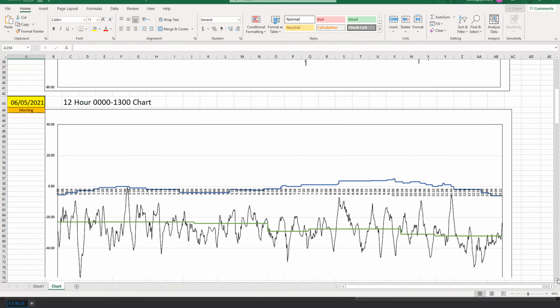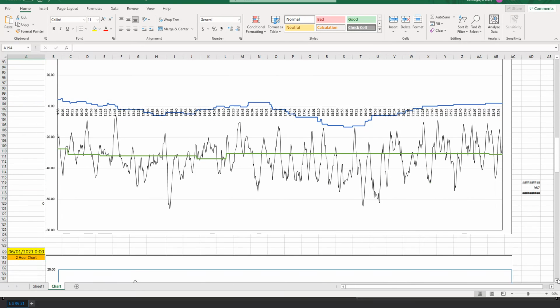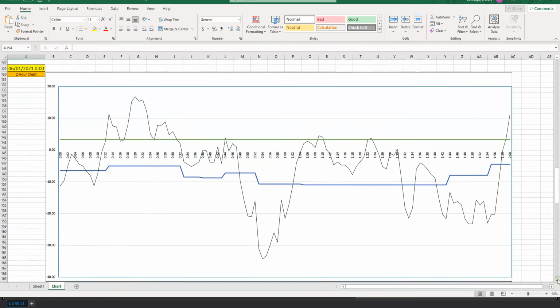So if you want to look at some of these shorter frames during the day, you can get into this 2 hour chart here, and that'll really give you the intraday movement. And a lot of times the price action will track with this gray line, and the market price pattern will look like this.